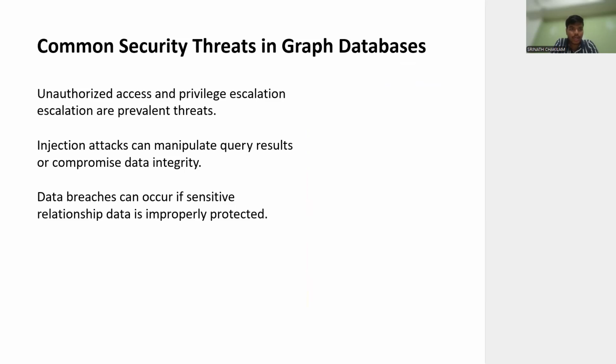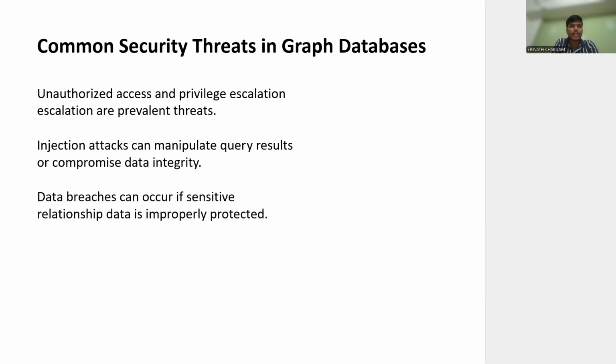Data breaches can occur if sensitive relationship data is improperly protected.